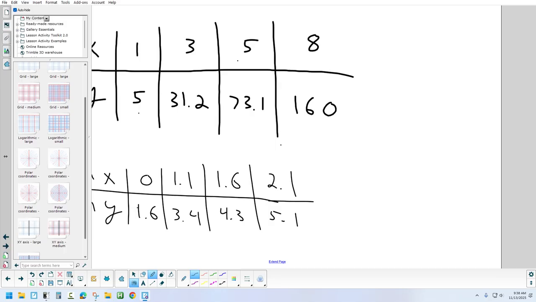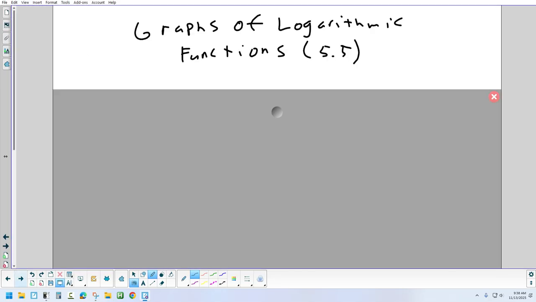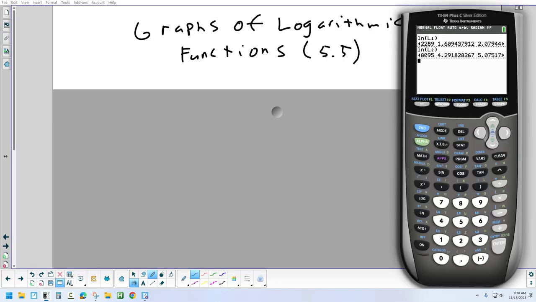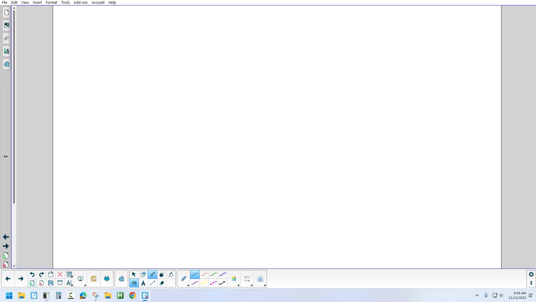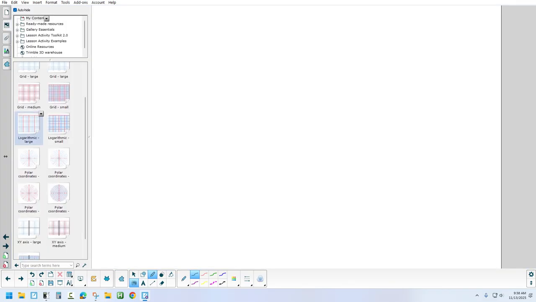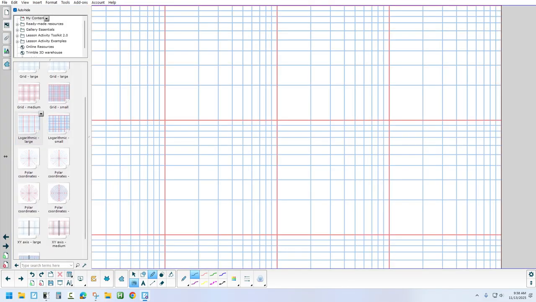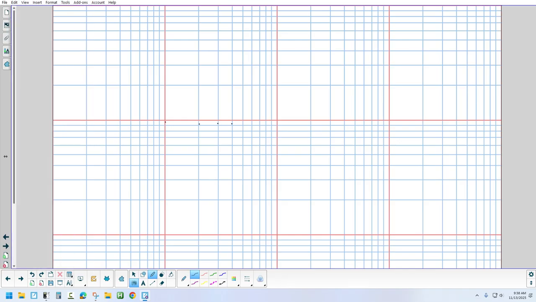So it's graph paper where the spacing changes between the lines. Just kind of show you what it looks like. And then each time you get to a red line, it goes up by a power of 10. So you've got 1, 2, 3, 4, 5, 6, 7, 8, 9, and then that's 10.